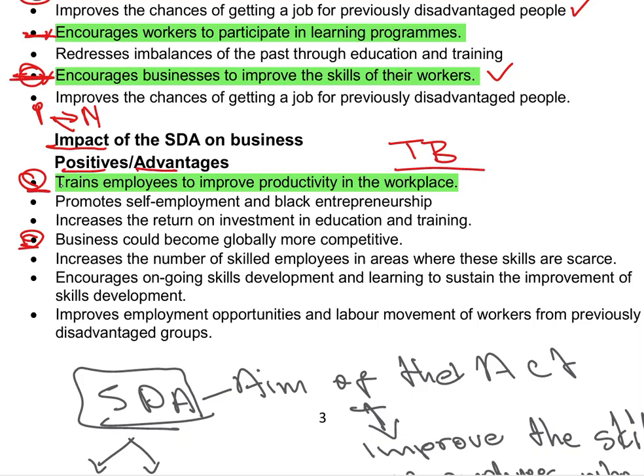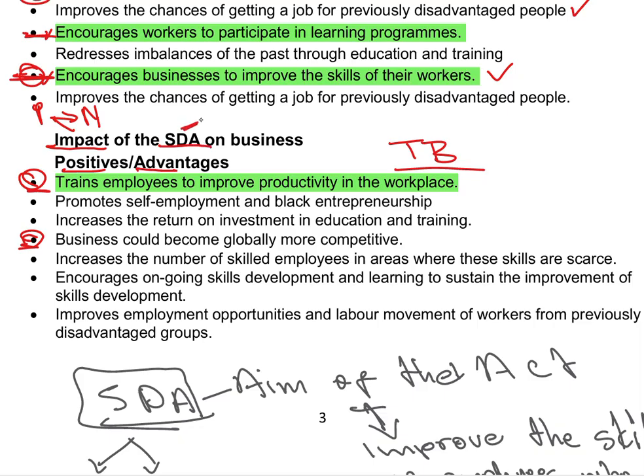So I'm going with the first one that says trains employees to improve productivity in the workplace. We know that when we train the employees, the workers, it will improve productivity in the workplace. So this is the advantage of what? Of the Skills Development Act.